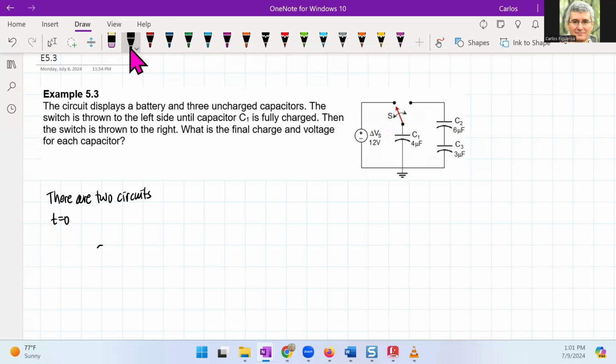So I have a voltage source here, and I have one capacitor like this. So this guy here is C1 equals 4 microfarads, and then this is a 12-volt source here.